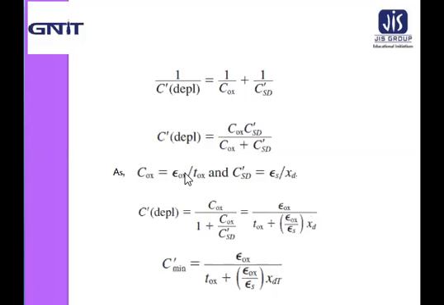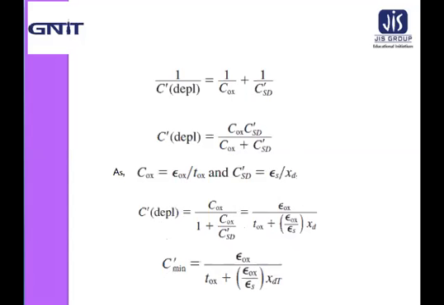Now, I have already defined the threshold inversion point, at that condition when the maximum depletion width is reached. But there is essentially zero inversion charge density, and this condition will give a minimum capacitance, that is C minimum.